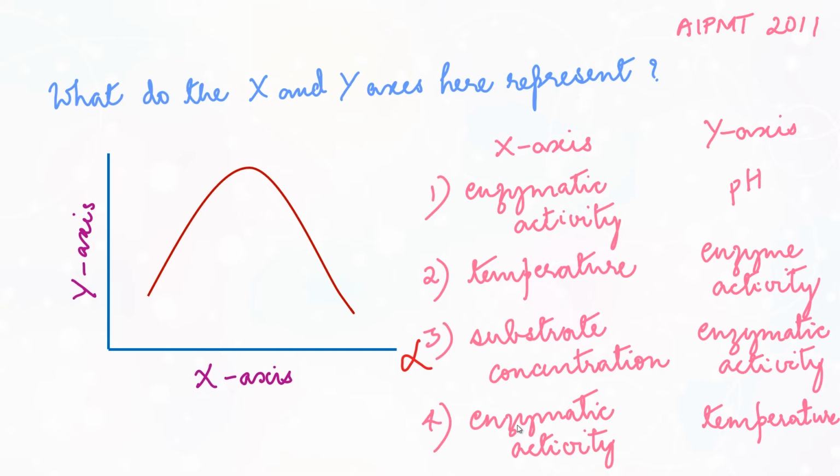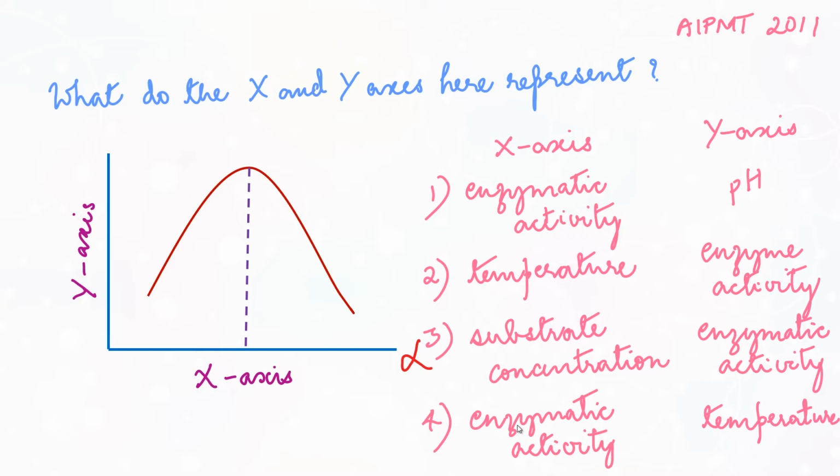Now we are left with 3 other options, and as you can see, this is the optimum. As you can see, the highest activity is at this point, which means the activity has to be shown on the y-axis, and whatever, either temperature or pH, has to be shown on the x-axis.